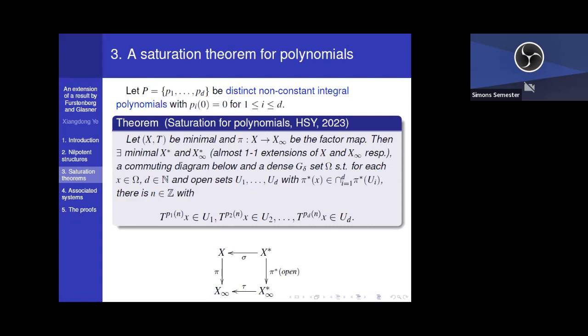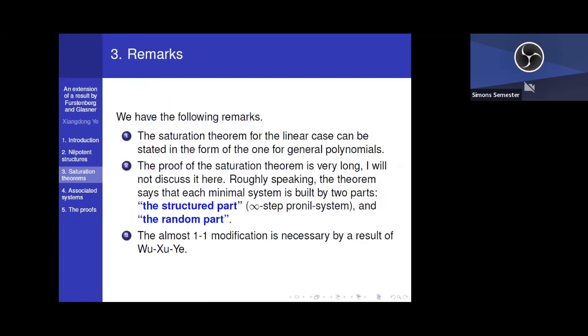I have a remark. We stated the linear theorem in a different form. It can also be stated in another form, like the polynomial case. The proof of the saturation theorem is given in three papers and is very long, so I will not discuss it here.